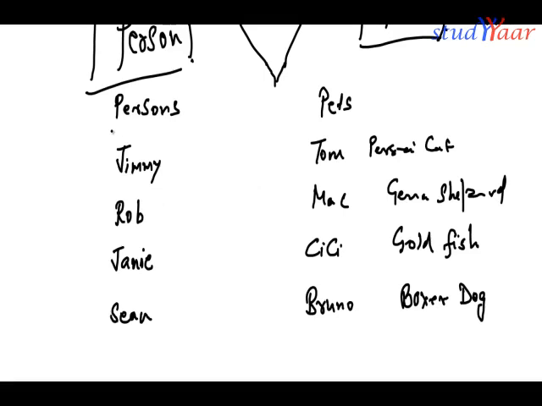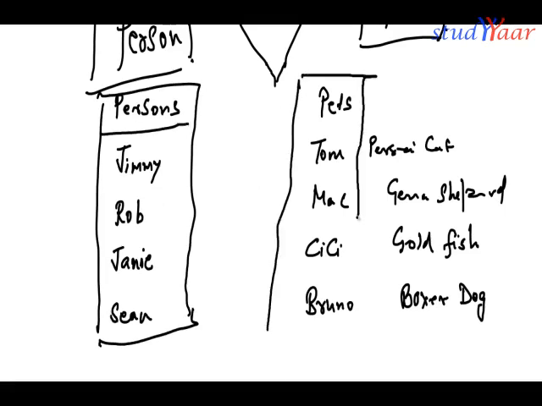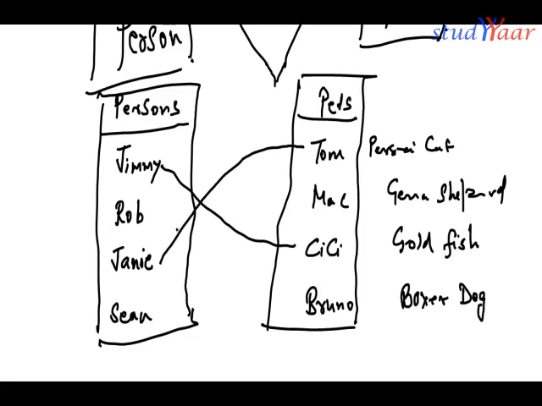Let's keep it like this. These are the persons and these are the pets. So I say Jimmy owns Cece, Janie owns Tom, and Rob owns Bruno.